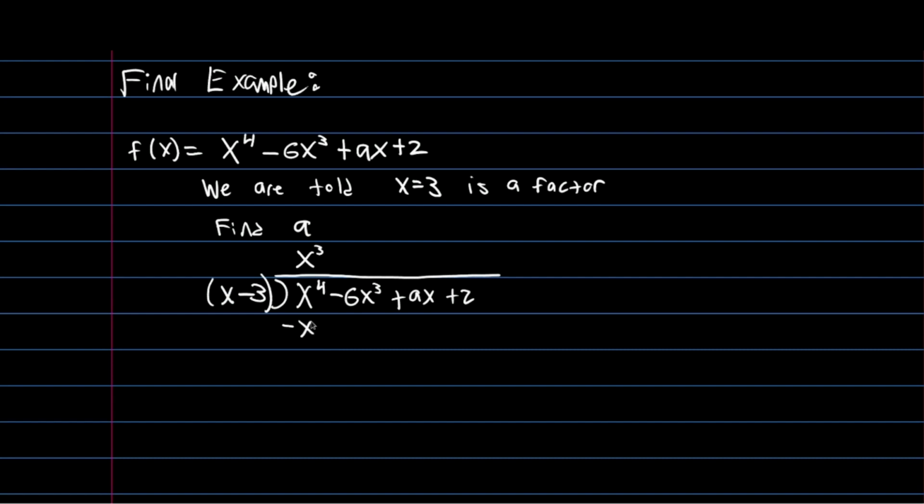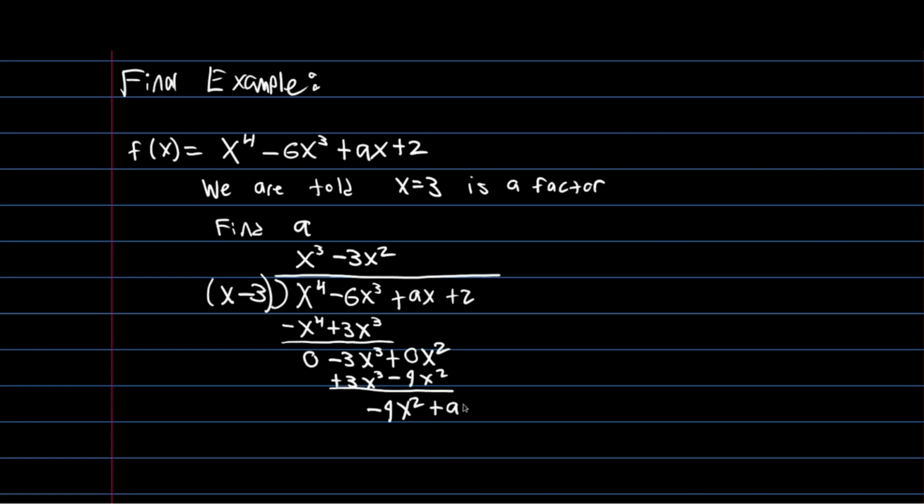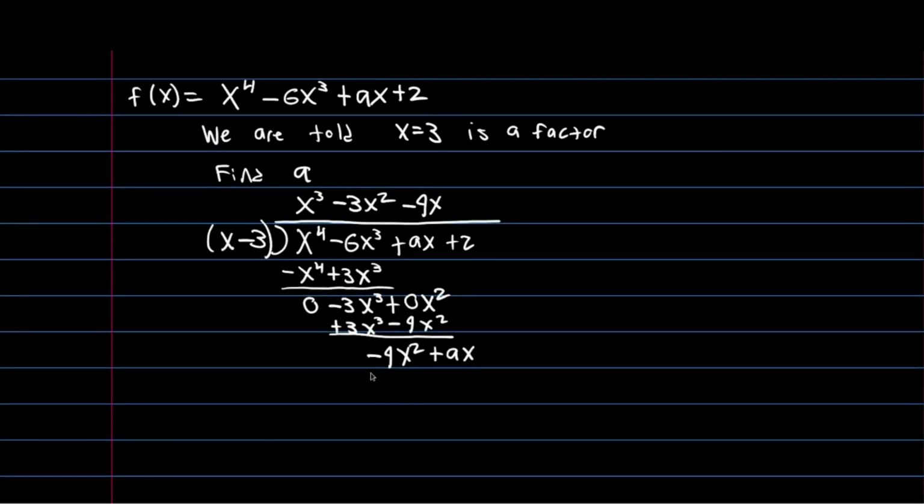So x cubed, plus 3x cubed minus 9x squared, minus 9x squared. We're going to bring down ax. We have minus 9x, because x minus 3 goes into minus 9x squared, minus 9x times, plus ax, bring down that 2, plus 2.